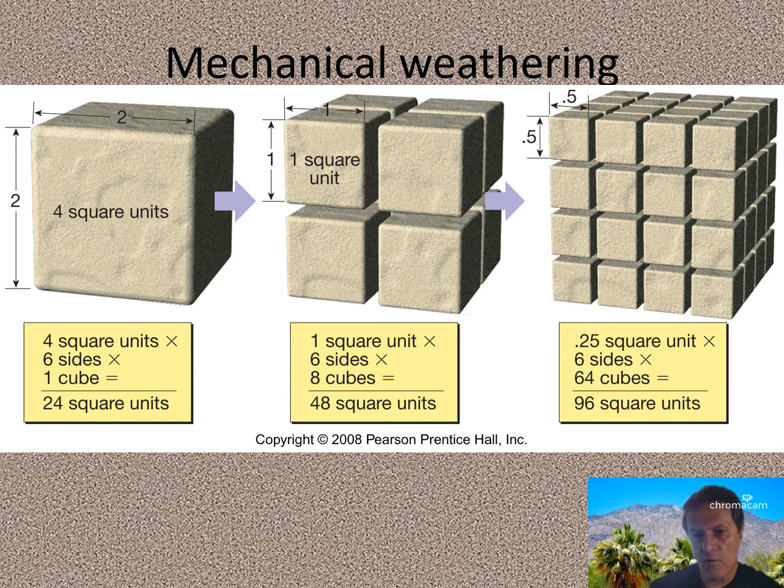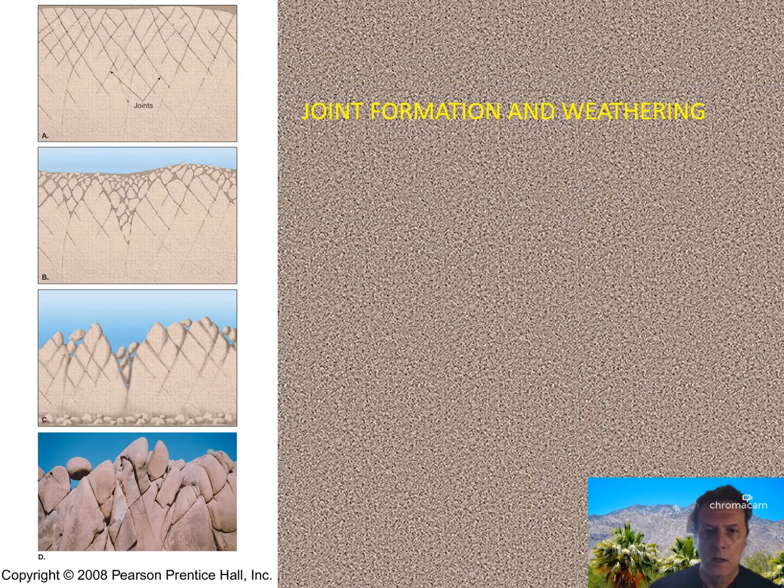So this is a self-perpetuating process where if you have more surface area exposed, now you have more surface area that can be attacked by wind, water, and chemicals. So the more it breaks down, the more surface area is exposed, the more these processes of weathering can actually take place.